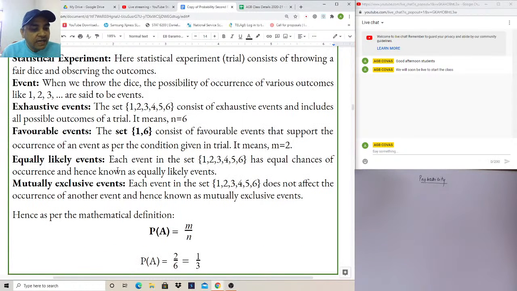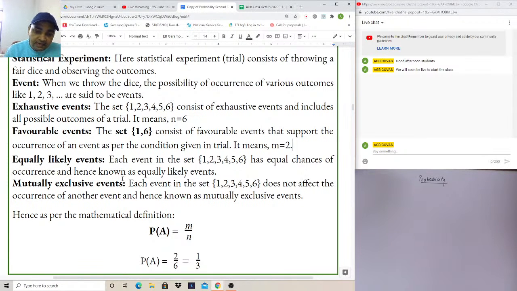And what are equally likely events? Each event in the set, that is 1 can come, 2 can come, 3 can come, 4 can come, 5 can come, 6 can come. So any value can come and every value has equal chances of occurrence, and hence these events are said to be equally likely events. And how are these mutually exclusive events?